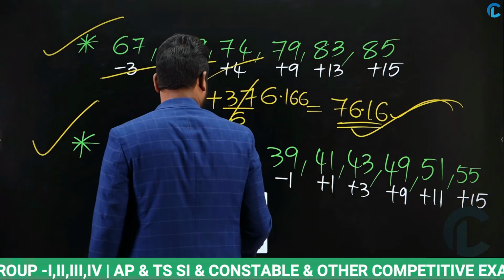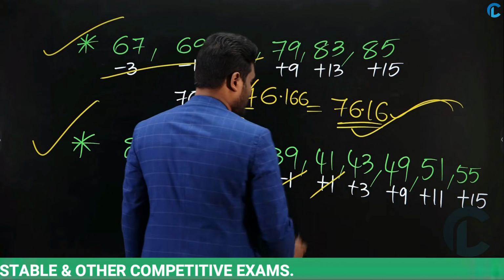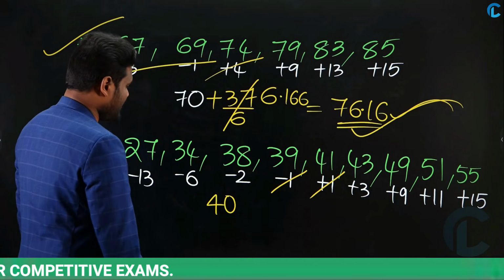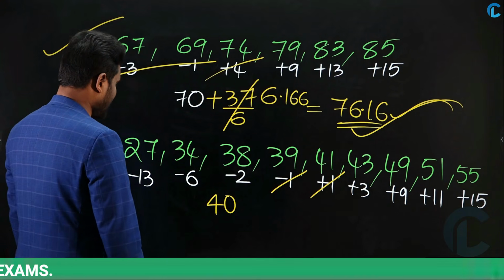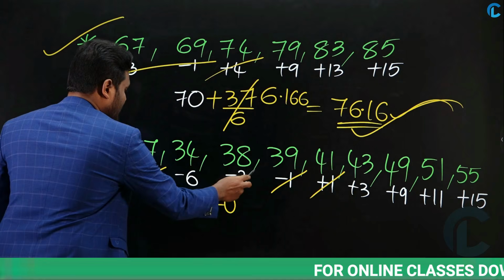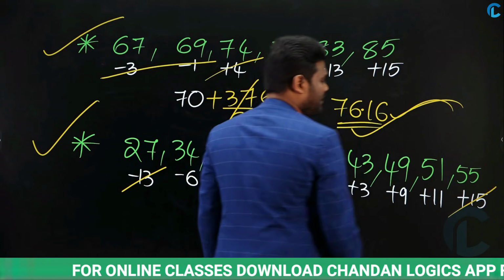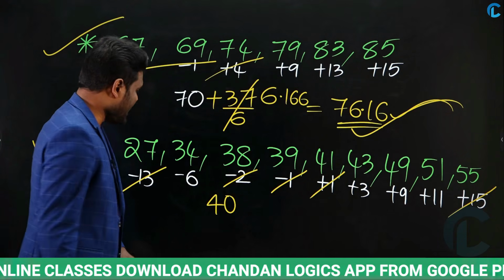Now just calculate it. What happened? -1 plus 1 gets cancelled. Similarly, if you have observed carefully, any more cancellations here? -13 minus 2 is nothing but -15. -15 plus 15 gets cancelled. Any more cancellations?